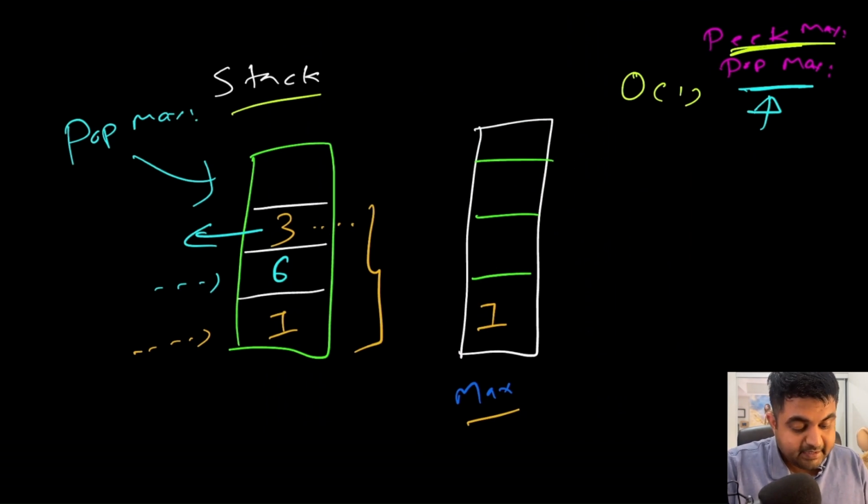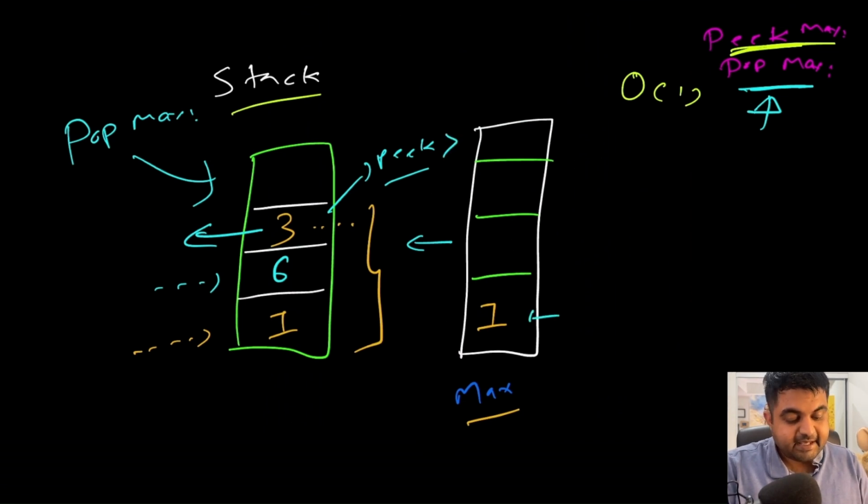And the moment I kick value number 6 out, I'm going to do a peek operation to see if this given current maximum value is greater than the current maximum value I'm left with. And if that is the case, then I will need to update the given max element to incorporate value number 3 as well.